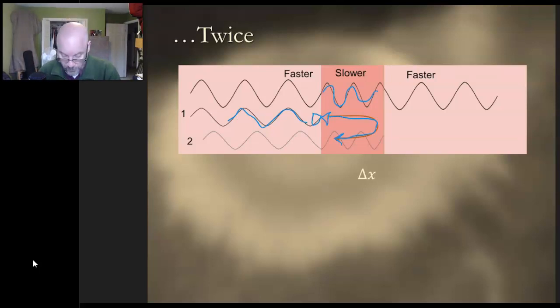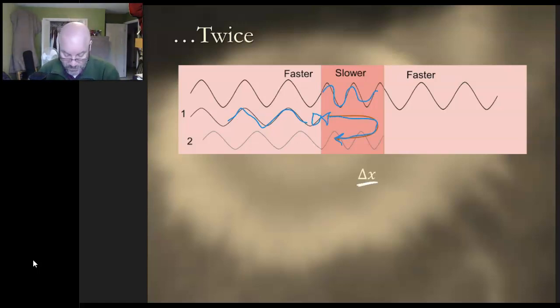Remember, path difference, that's when we were talking about a speaker here, a speaker back here, and the difference between those two. That's our path difference. So in this case, the path difference is all the way across the film and all the way back. And so what happens across this difference becomes really important.